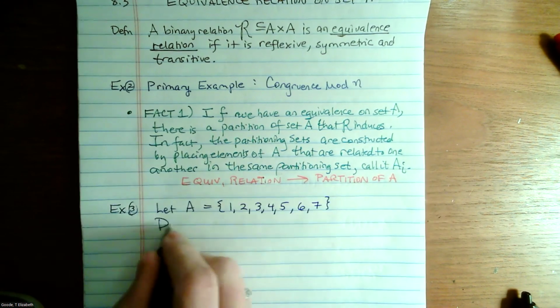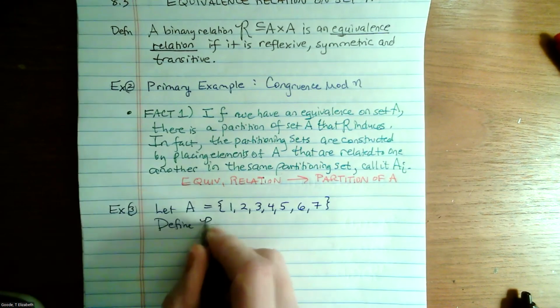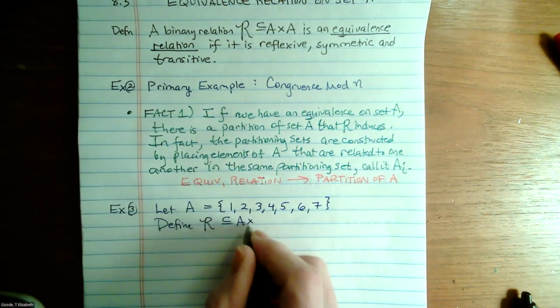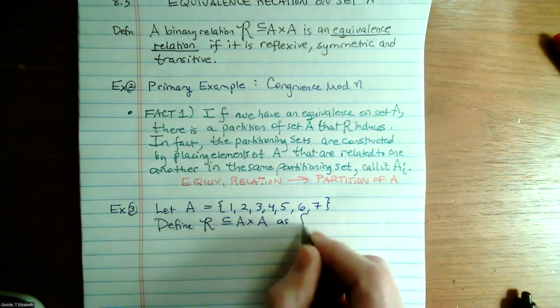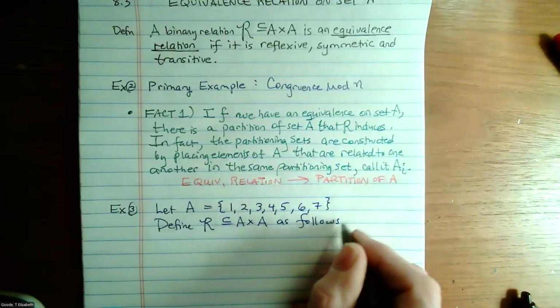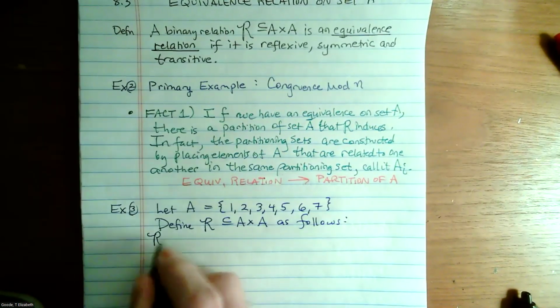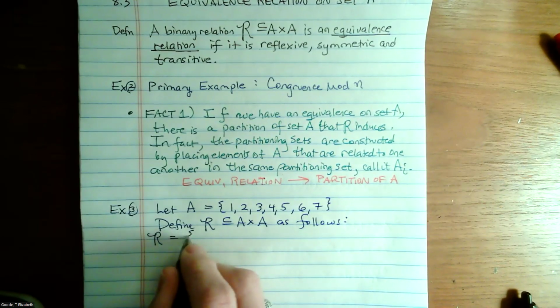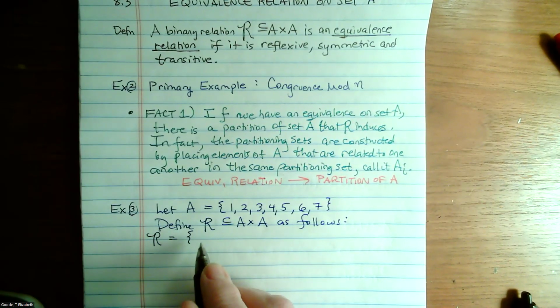We're going to define curly R, a subset of A cross A, as follows. This is our equivalence relation. Curly R has these ordered pairs. It's a set, so we need set brackets.